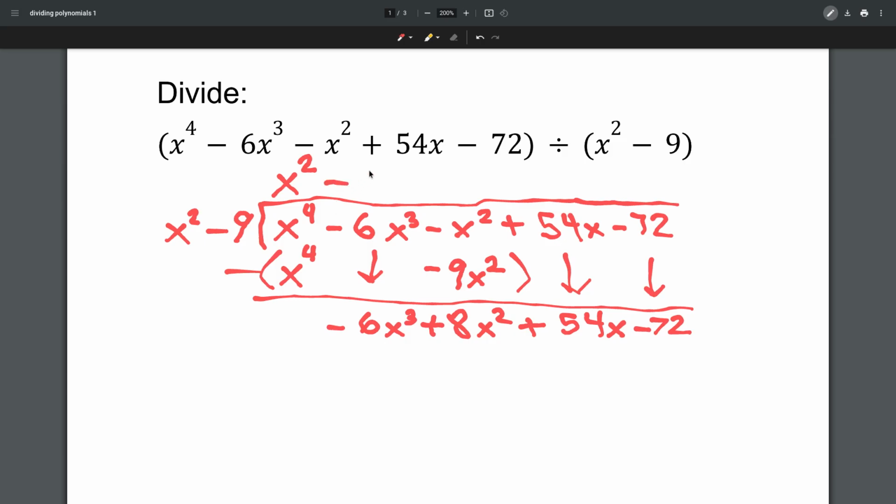That's going to be minus 6x, not minus 6x squared. Minus 6x, so we do minus 6x times x squared, we get negative 6x cubed. And then negative 6x times negative 9 is plus 54x.